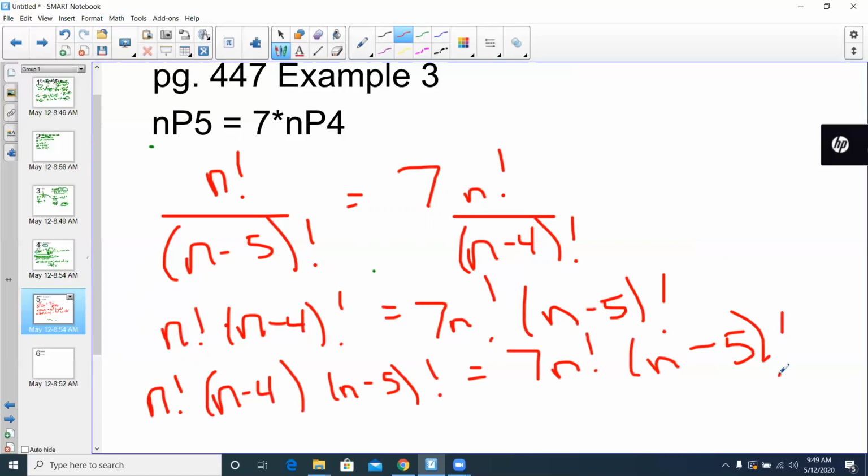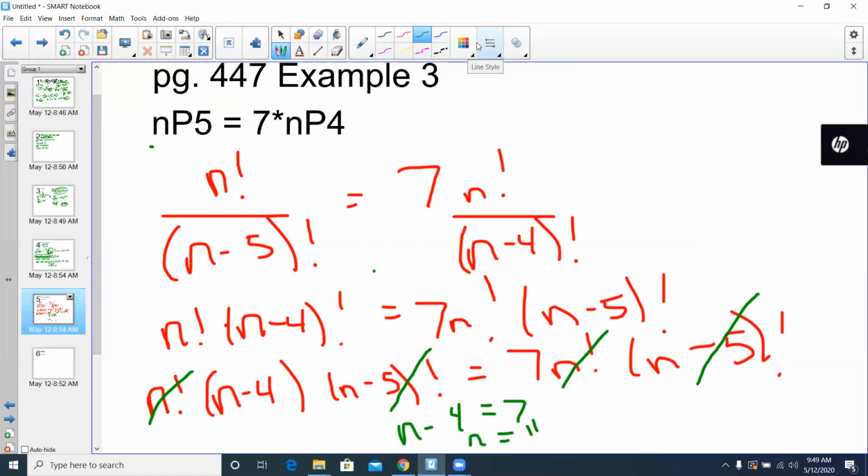Right, so that's what I talked about earlier. So what's really nice is that this and this cancels. We have that n minus 5 factorial, n minus 5 factorial cancels, and we're left with n minus 4 equals 7. Add 4 to both sides, so we get n is 11.